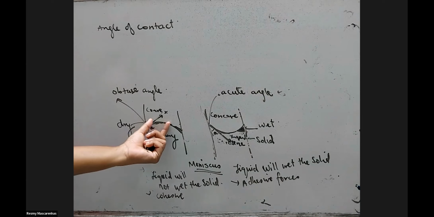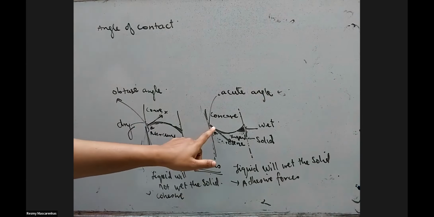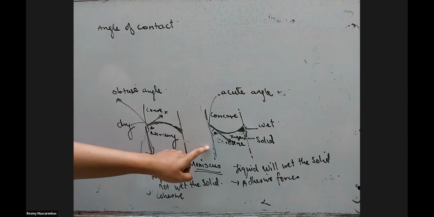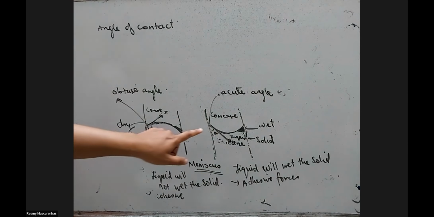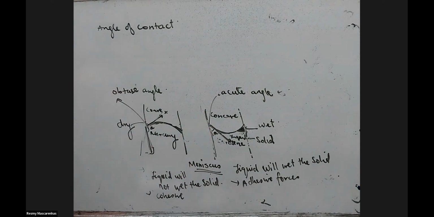Cohesive means forces among its own molecules, so they are attracted among themselves. Here, these molecules are attracted to the other substance. That's why they are going and sticking to this surface. This was about angle of contact. Now, capillary tube.